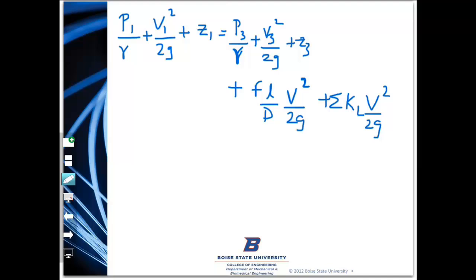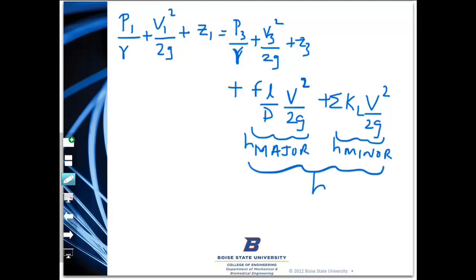It's sigma KL because we have several components. I'm going to identify what sigma KL is, but this is your minor head loss. Okay, so this is your major, this is your minor. H major, H minor, and this is total head loss.